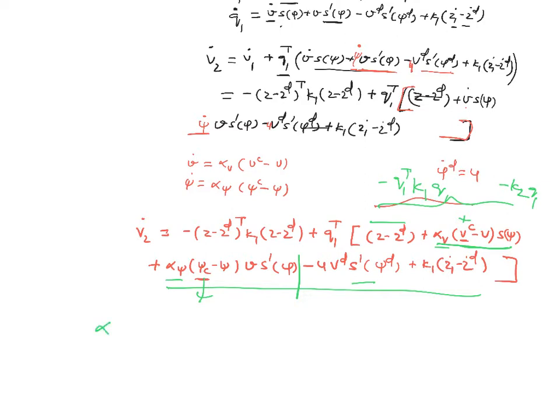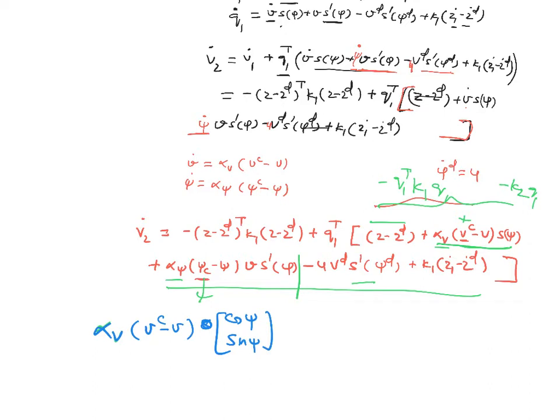So alpha V, let's use some other color. Alpha V commanded minus V and is S psi, right? So what is S psi? Let's spell it out for now. S psi is cos psi, sin psi, right?